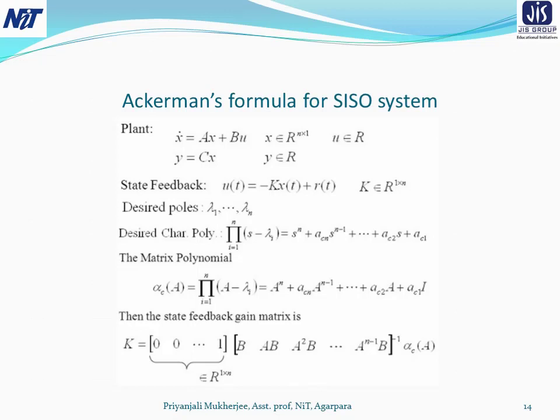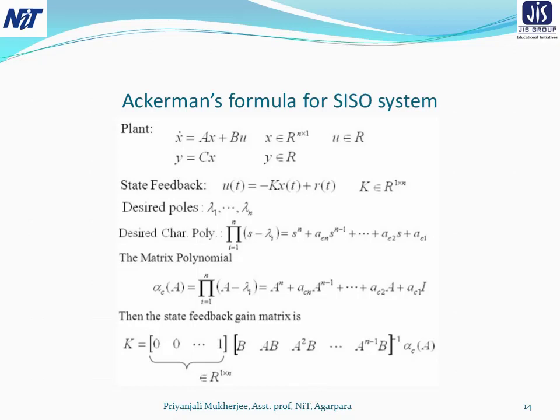So our required characteristic polynomial becomes s minus lambda 1, and so on. We can rewrite this equation as s to the power n plus alpha cn s to the power n minus 1 up to alpha c1. Now, as per the matrix polynomial alpha c of A, s is replaced by the system matrix A. So s to the power n becomes A to the power n, plus alpha cn into A to the power n minus 1, up to alpha c1 into the identity matrix.